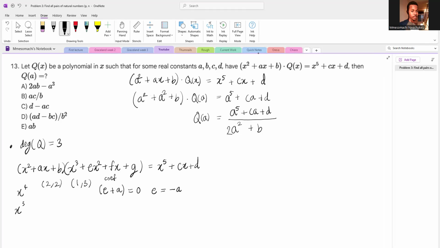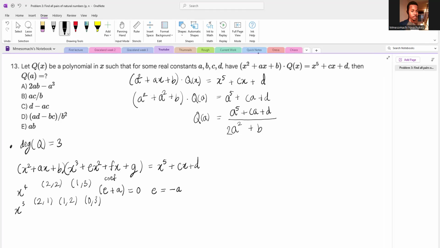And let's look at x cubed. We can do it in several ways. We have the coefficient of the second power of x in the first bracket multiplied by the first power of x in the second bracket, so I'll use pairs to denote that. It can be 1, 2, and it can be 0, 3.